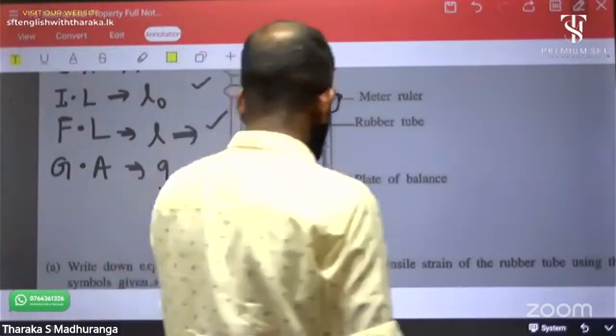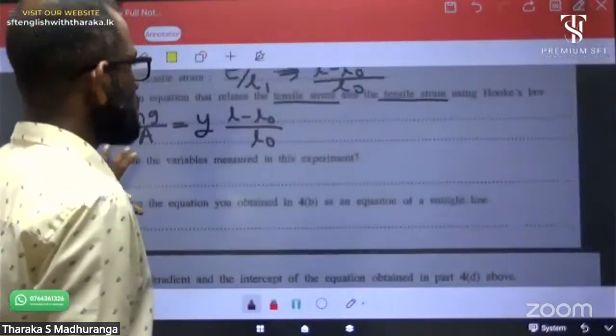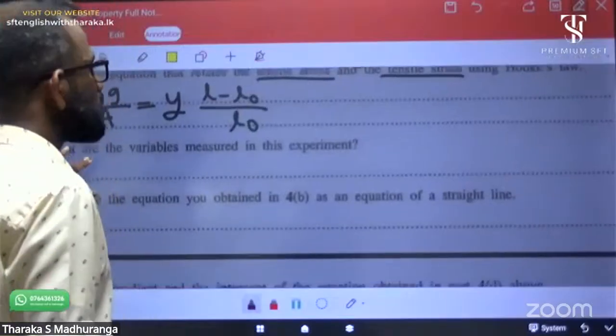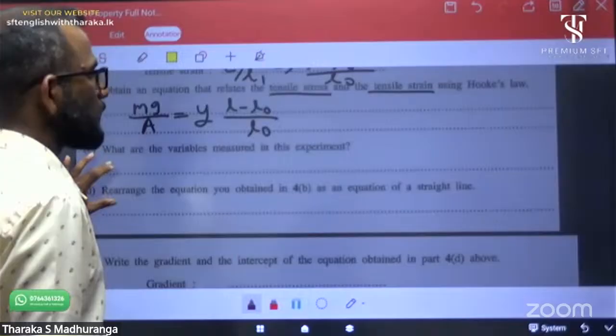The first one, mass, using a triple beam balance or whatever scale, we can measure the mass M of the object.